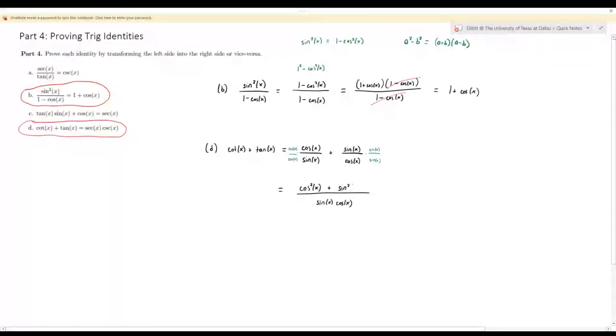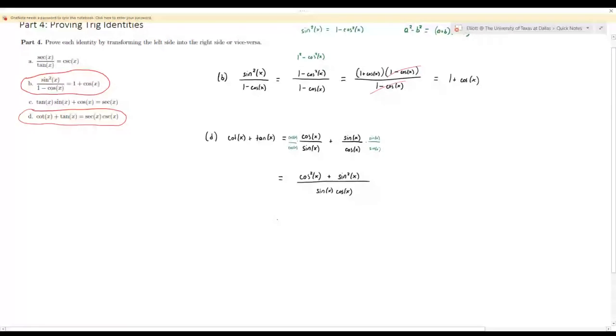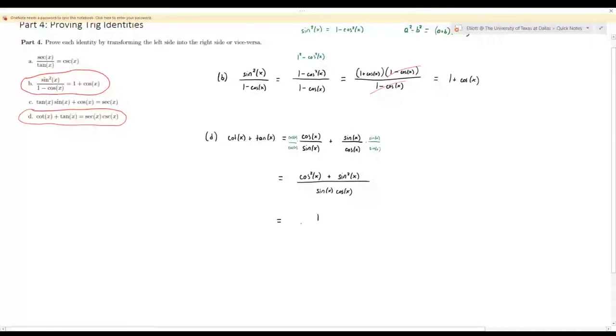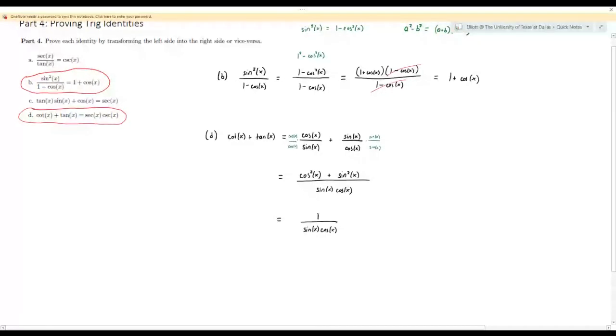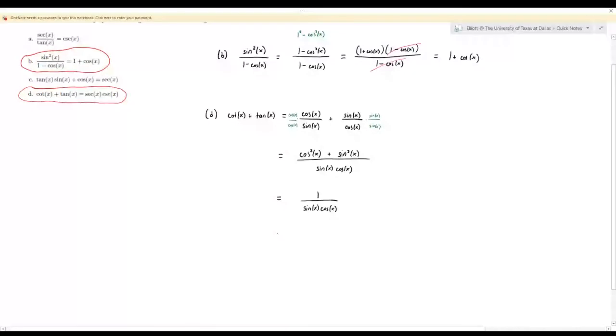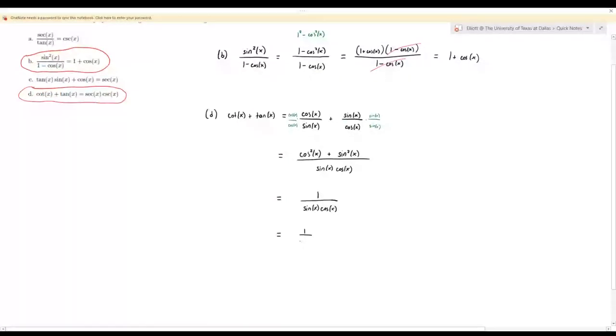All right. Then cosine squared plus sine squared, that's the Pythagorean identity, so we know that's all equal to 1. Lastly, looking at what the final expression looks like, let's write this as 1 over sine times 1 over cosine.